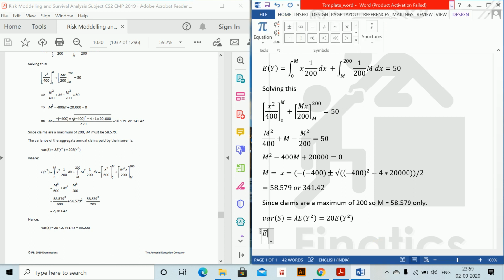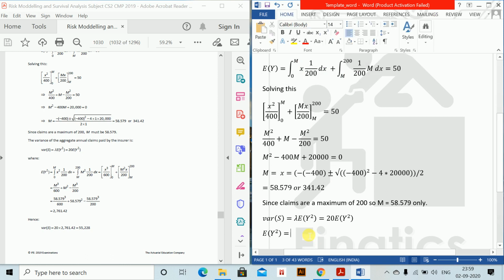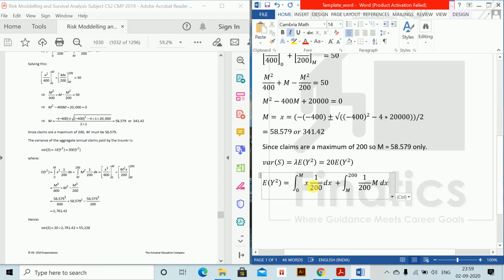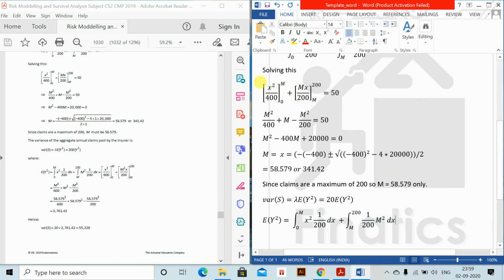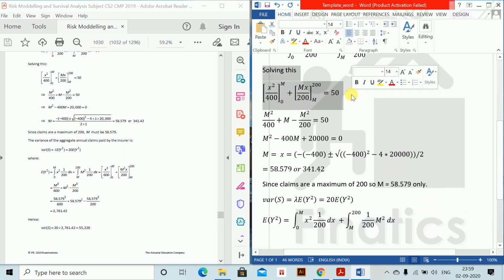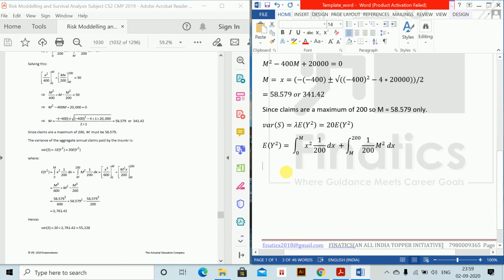Calculating expectation of Y squared, if you see, this is the same equation written but with some minor changes. I'll just copy this, paste it, and come down. Now this becomes x squared and this becomes M squared. Nothing else will change. I'll copy this portion also, but not the equal to 50.